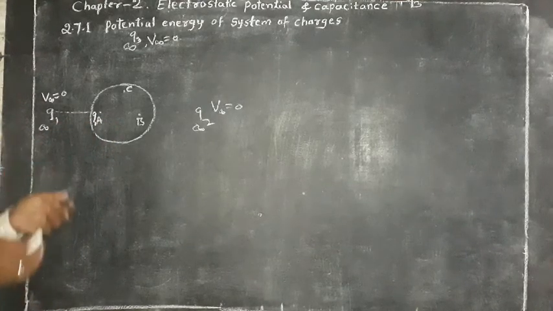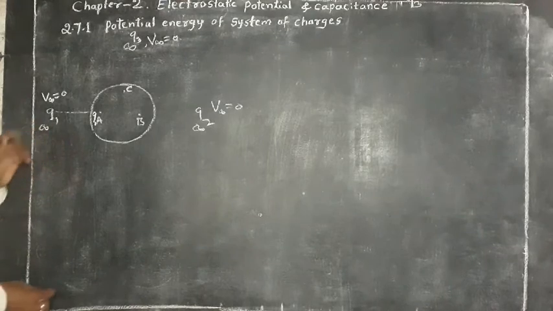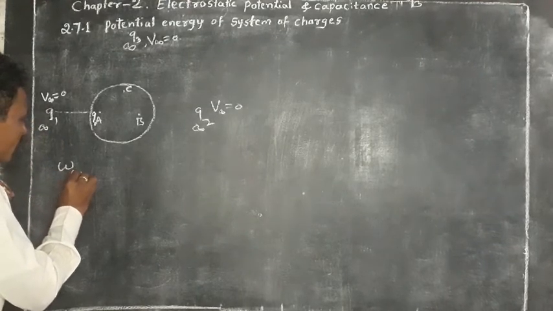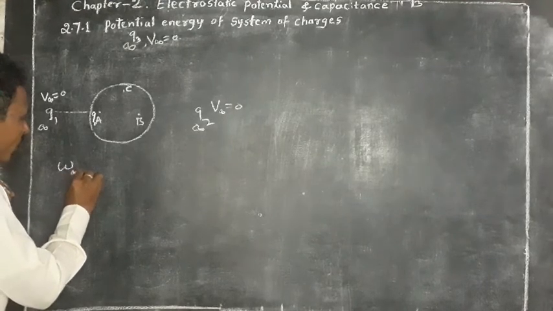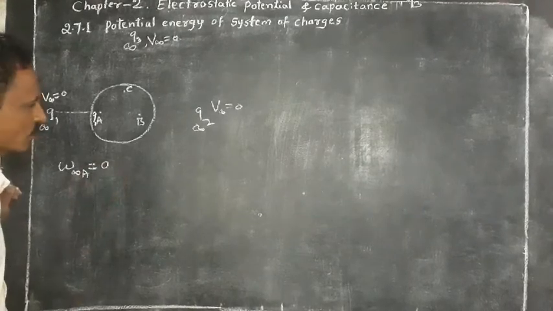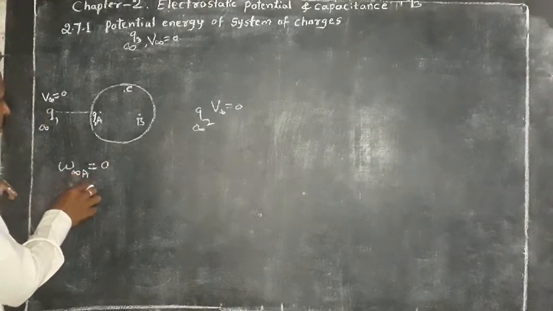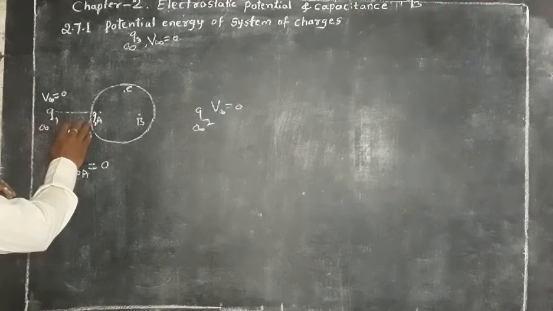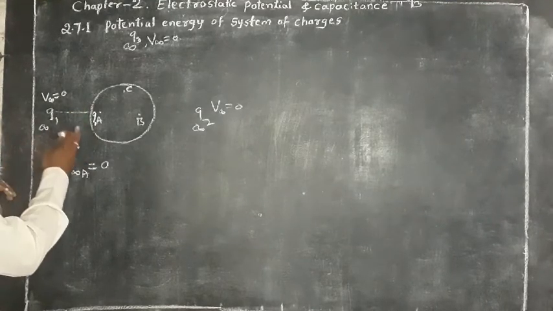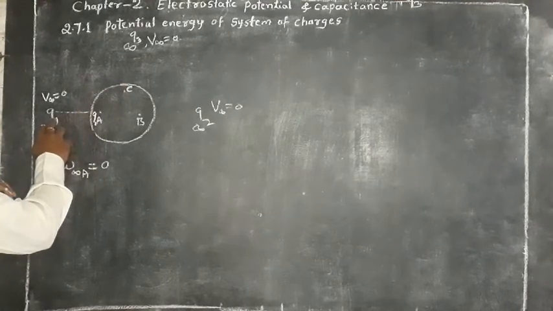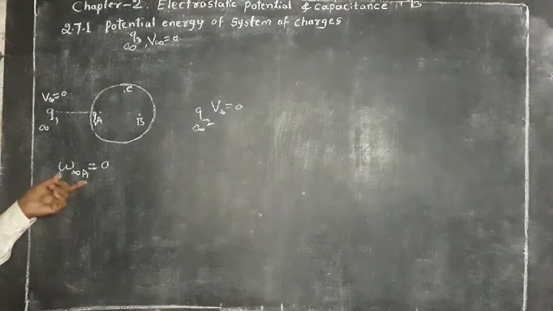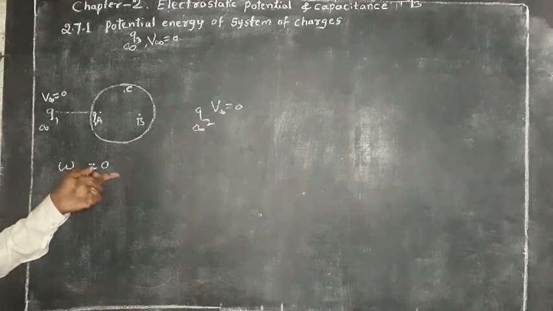Then what is the work done in this process? In this process, the work done in moving a charge from infinity to point A is equal to 0. This is because there is no frictional force, no air resistance and no electrostatic force acting on the charge Q1. Therefore, the work done on it is equal to 0.